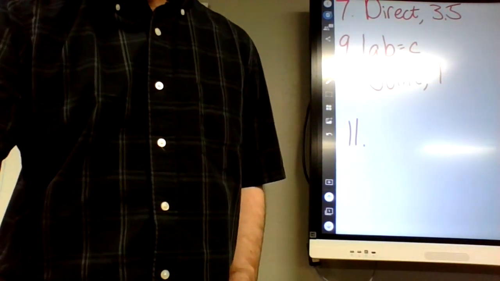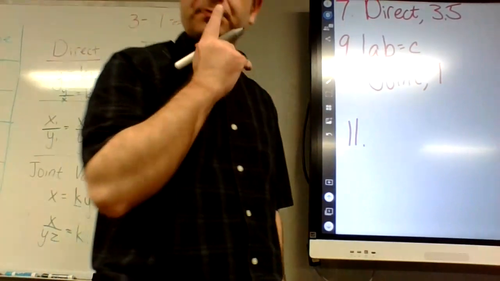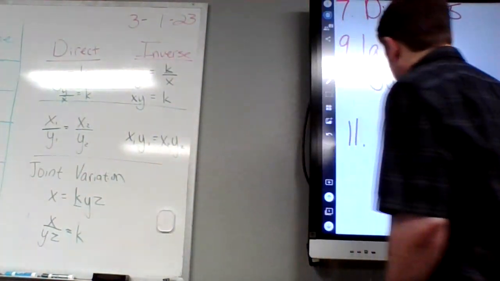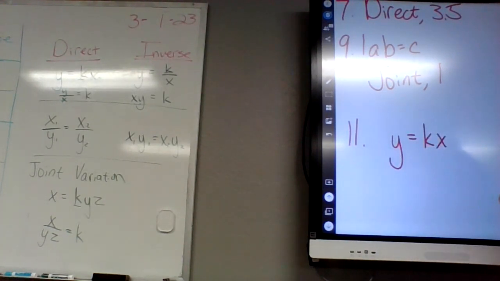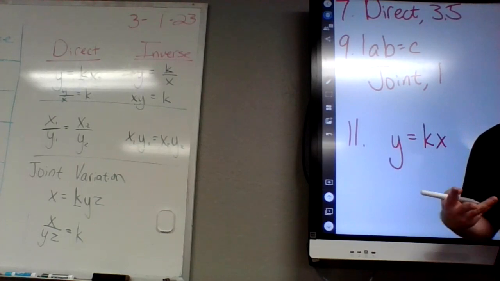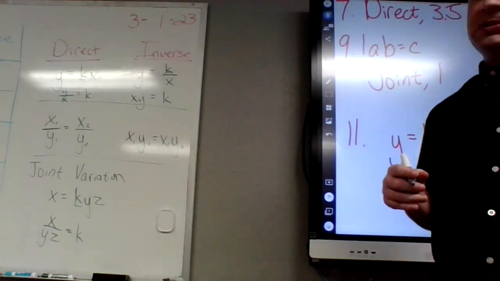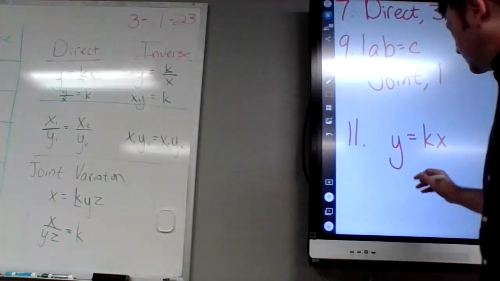Anyways, if y varies directly as x. So, if we're doing direct variation, it's just y equals kx. But what we have to do is figure out what the k is and write the equation with that. So in the directions it tells us to use y equals 2 and x equals 5.